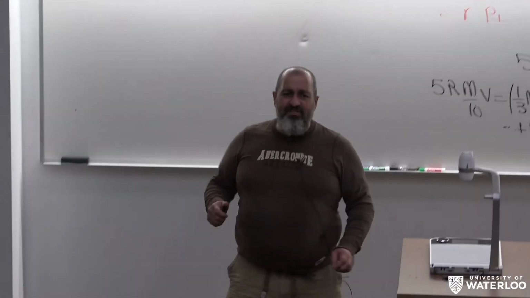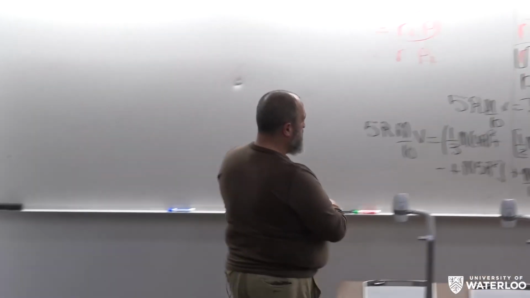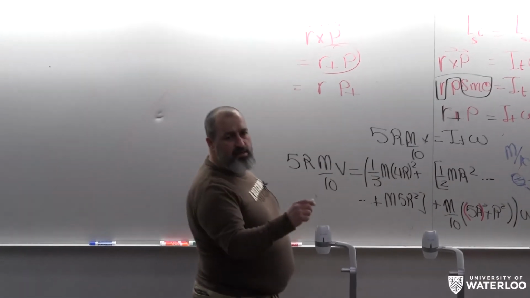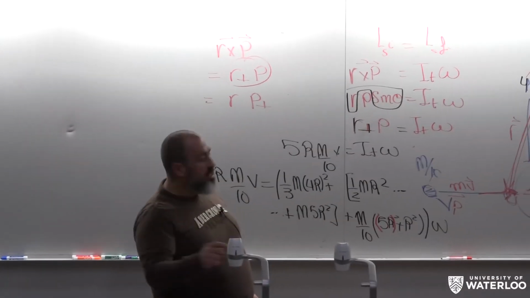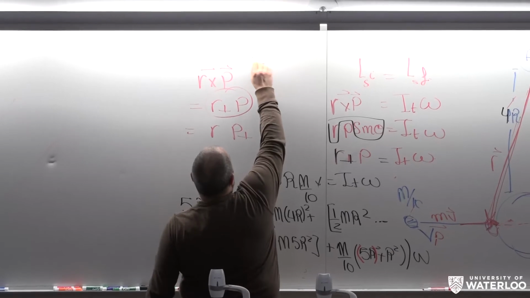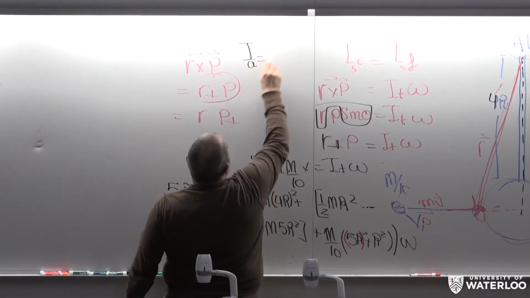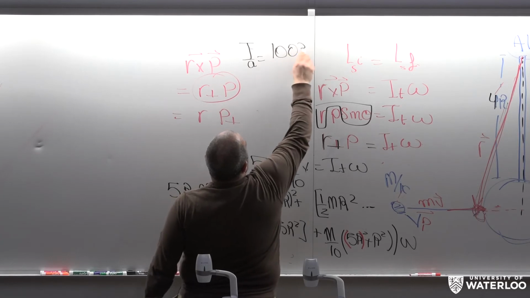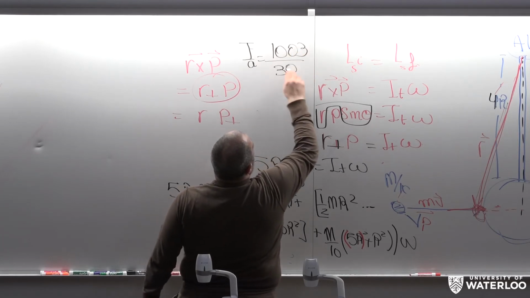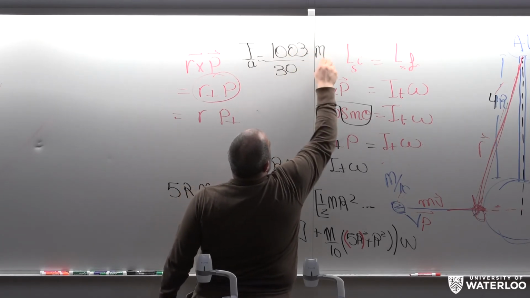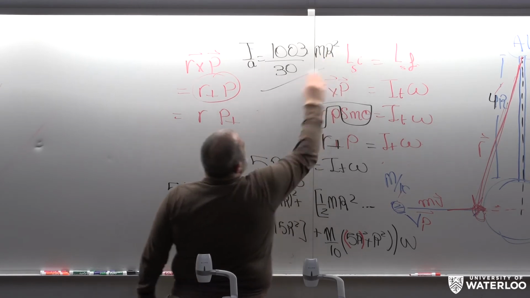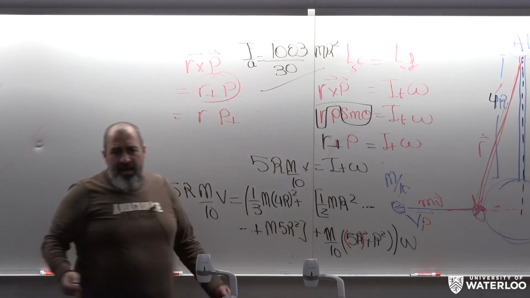Does anybody have a value for this moment of inertia? What is it? According to Claudio, I about A is 1,003 over 30 m r squared. Okay? Maybe, I don't know.